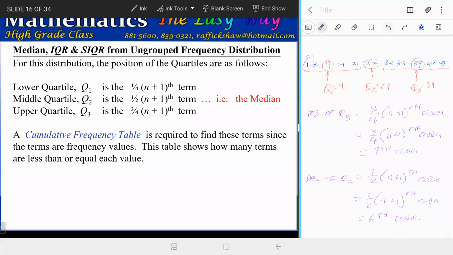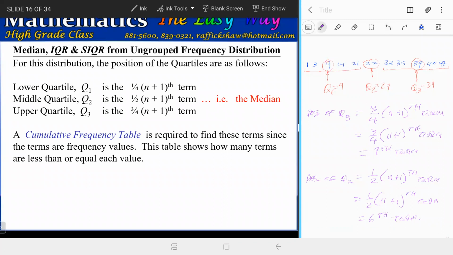In a frequency distribution table now, you count the values using a cumulative frequency column. Cumulative means adding up or counting up, and you're doing it with the frequency. That's why it's called a cumulative frequency.